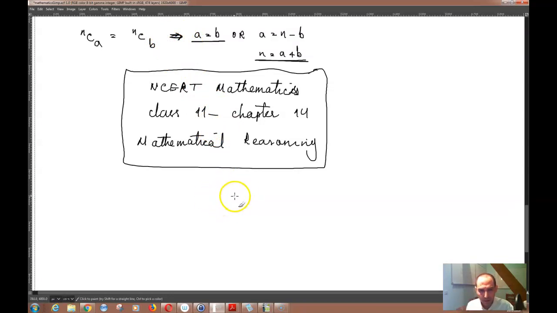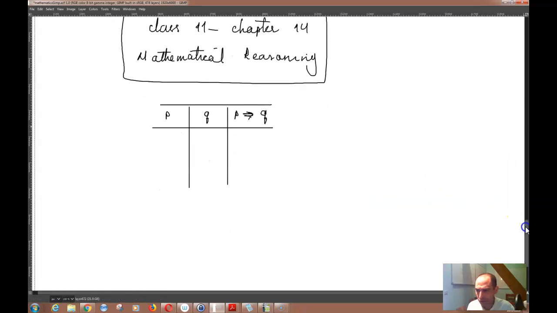Now, if I have, for example, P implies Q, if I create a truth table for this, with P and Q, hopefully you're familiar with whether a mathematical statement is true or false.